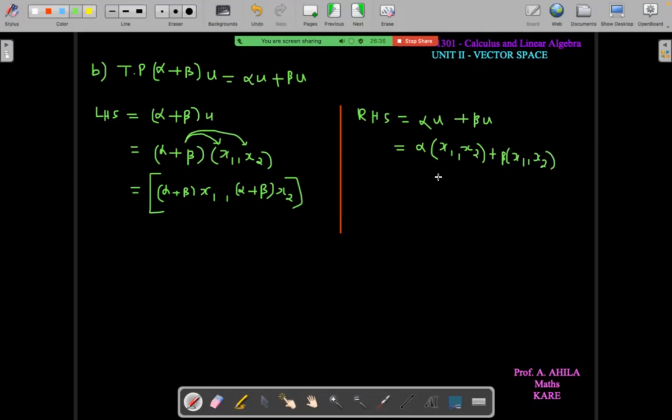Now again make a scalar multiplication in each term. We multiply this alpha with x1 and x2, so we get alpha x1 comma alpha x2. Similarly, we multiply this beta with this x1, x2, so we get beta x1 plus beta x2.